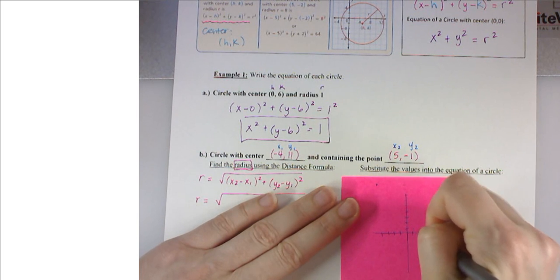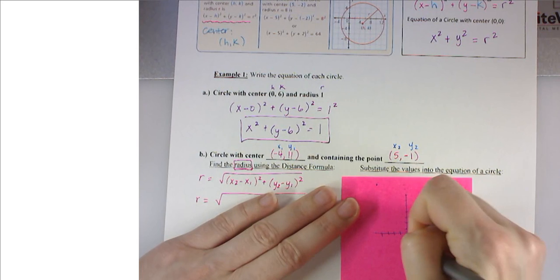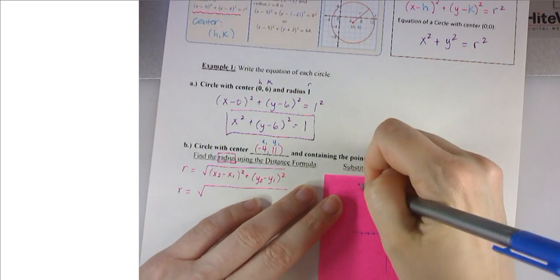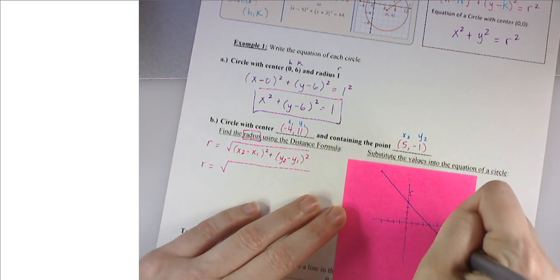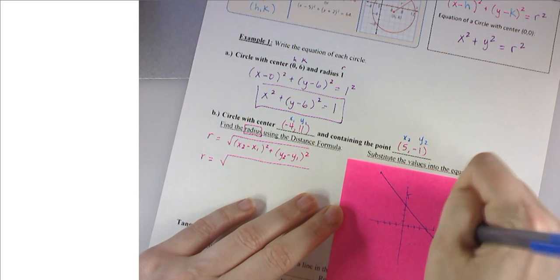What you're doing is you are finding this radius that is a part of this circle, which is too big for my paper, but that's part of your circle there. Okay, this would be the rest of it.